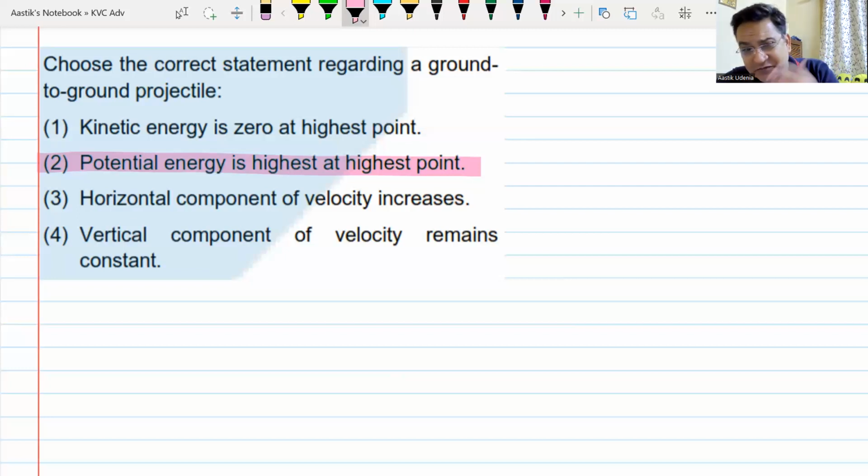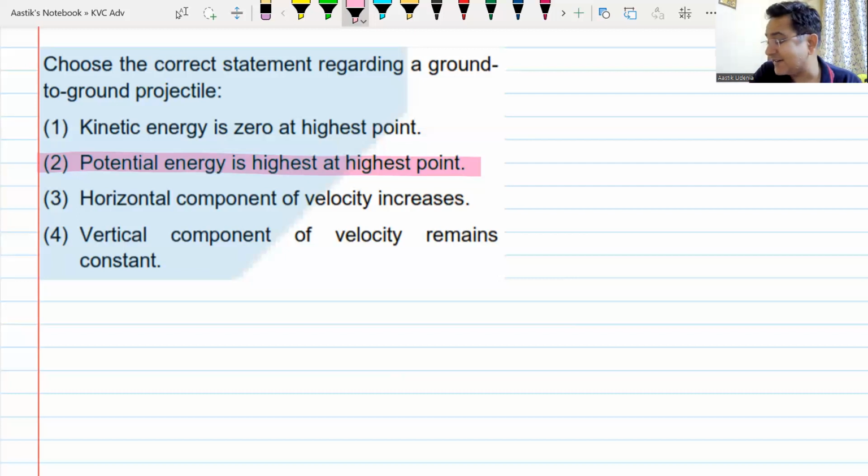Then does that mean kinetic energy is also 0? No, sir. Apart from vertical velocity, it also has the horizontal component of velocity. So if you forget simple things in life, life is going to give you a hard day. And I wish that you don't get a hard day.